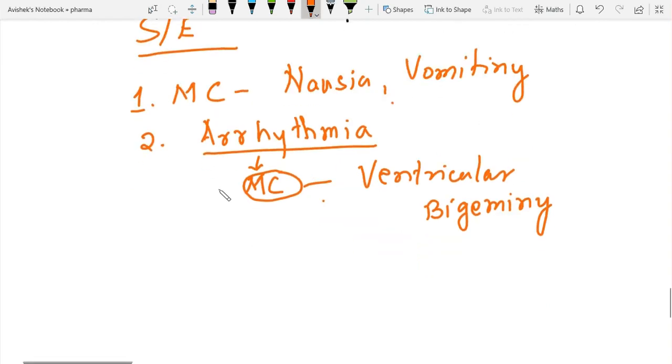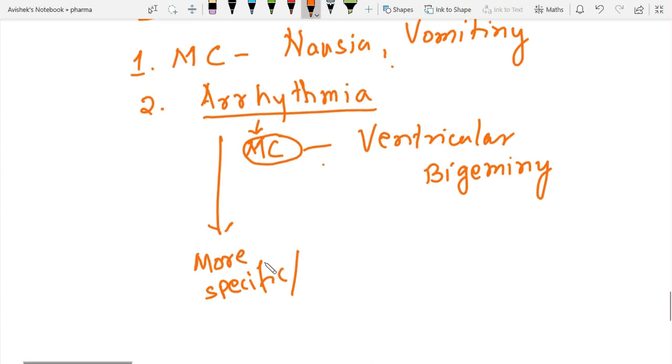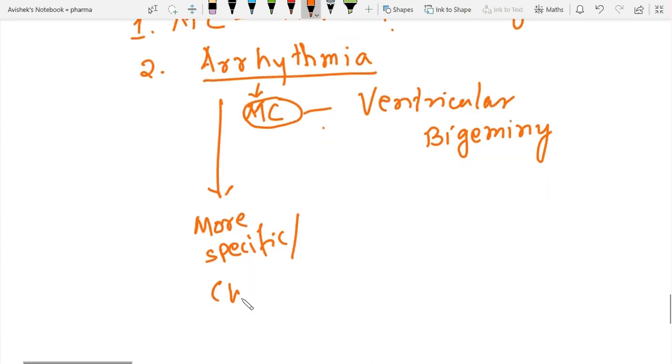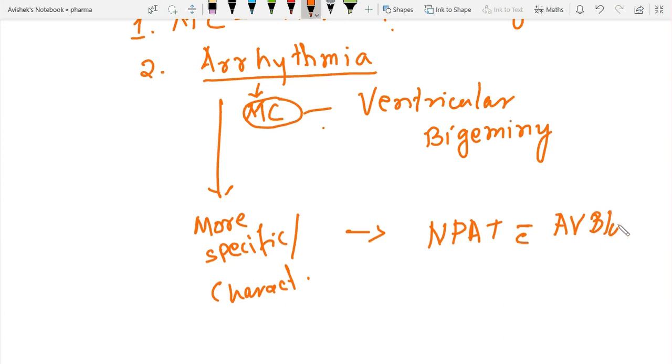But more specific, or rather you can say more characteristic, is NPAT with AV block. This NPAT, non-paroxysmal atrial tachycardia.